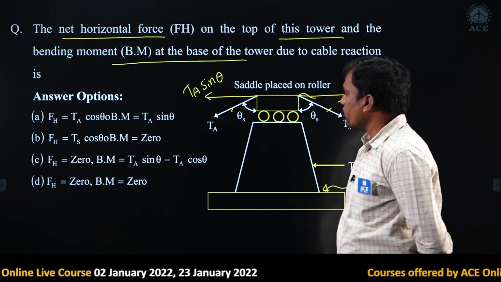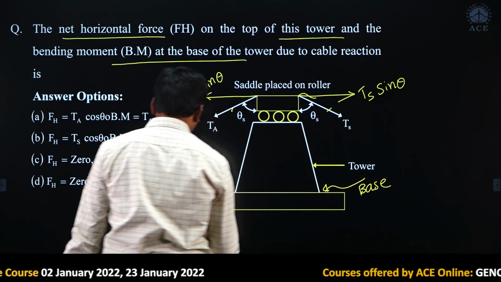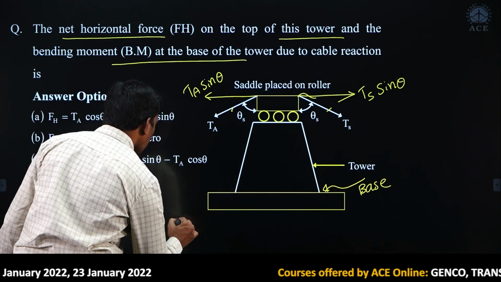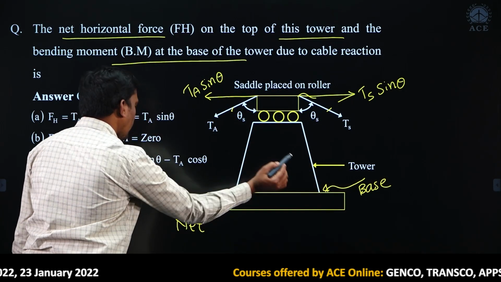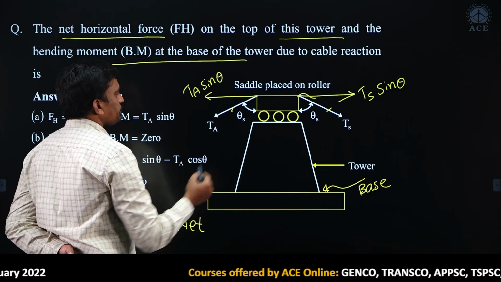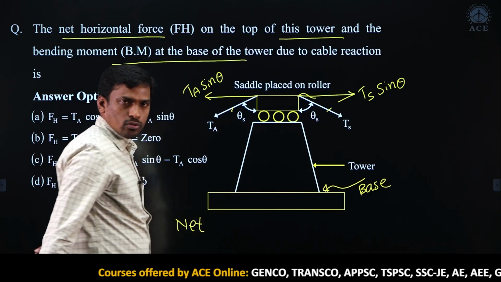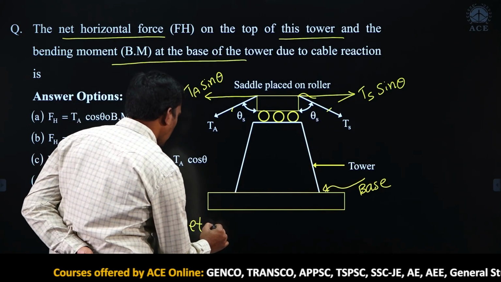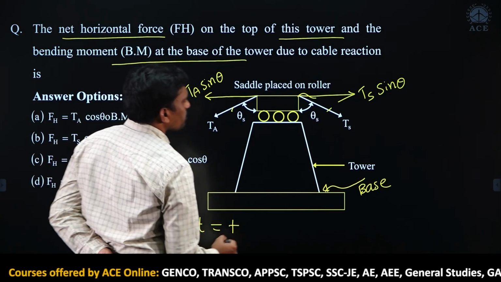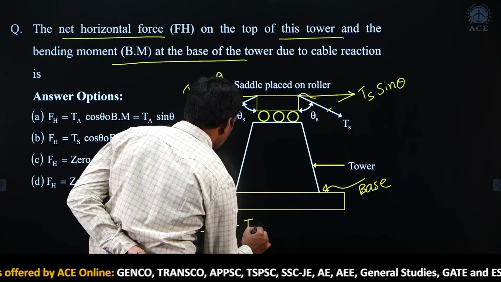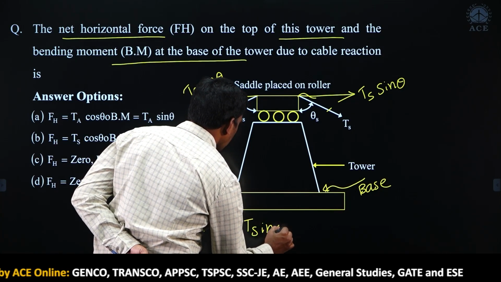Then what is the net force, please? Here, net horizontal force. Assuming right side is positive, this is TS sin theta.